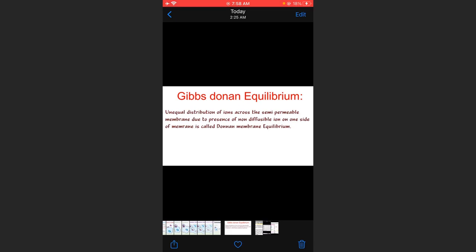Therefore, everything is in place. And this Gibbs-Donnan membrane equilibrium is very important to study the maintenance of osmotic pressure across the semi-permeable membrane and to attain the neutrality and homeostatic state of different diffusible ions across the membrane.